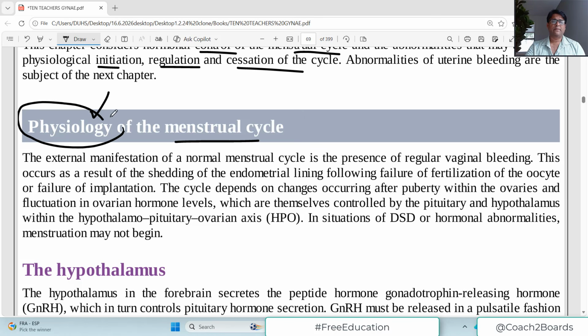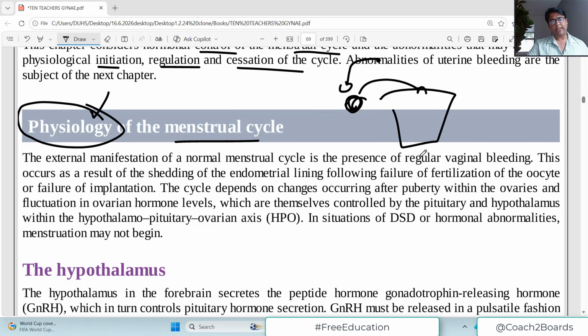So first we'll understand the physiology, then we'll understand what happens if something goes wrong. लेकिन ये physiology बहुत important है because इसके तमाम phases और हर phase में कौन सा hormone release हो रहा है, how the ovaries are under the instruction from pituitary, and how the ovaries then control what happens in the uterus. This is all part of the menstrual cycle and you need to understand that, right?